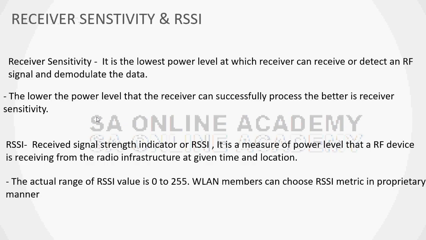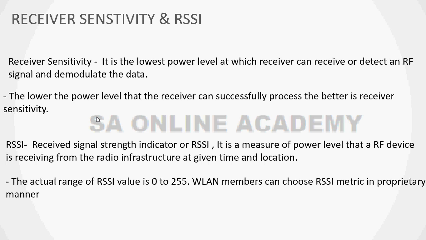RSSI is used for two major purposes. One is for roaming and the other is for dynamic rate switching. Vendors use an RSSI threshold to roam the user from one AP to another AP. If this value goes below the threshold, it will move the user from that AP to another. The other purpose is dynamic rate switching.